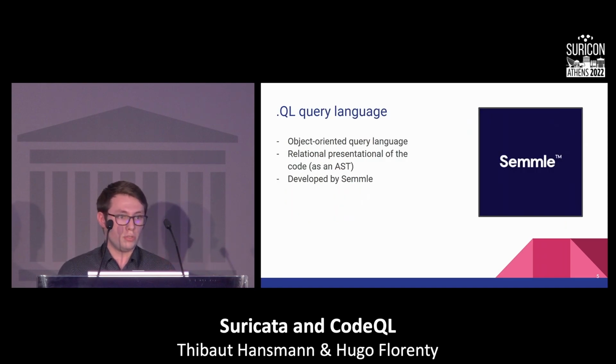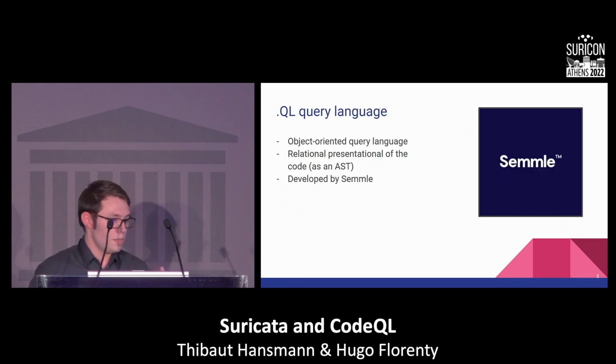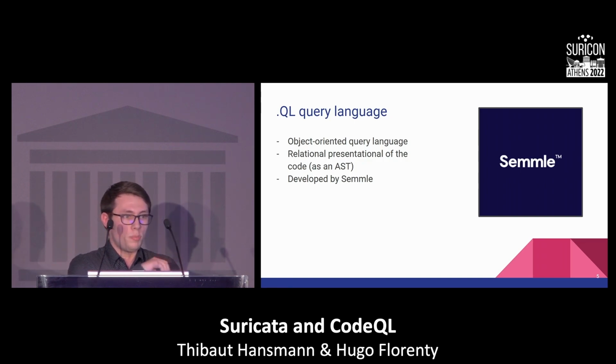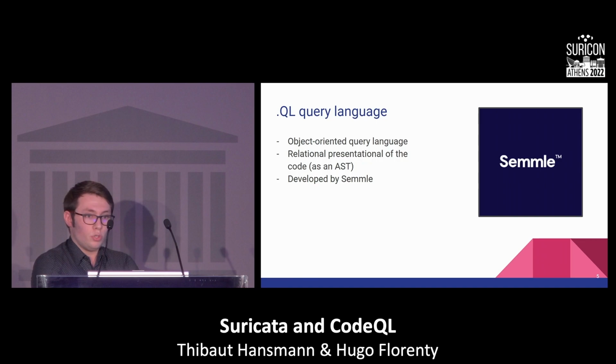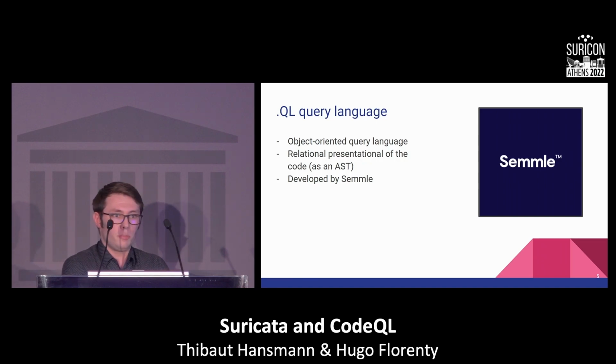The .ql query language is an object-oriented query language, used to represent your code in a relational way, as an AST. It was originally developed by Semmle, which is now owned by GitHub.